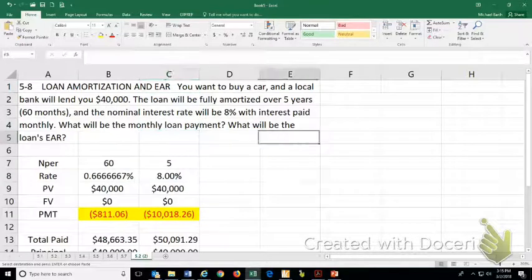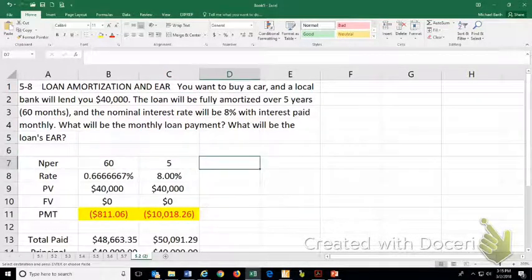Okay, now what they're telling us is that there's also another part of this: what's the equivalent annual rate on this loan? It has a nominal rate of 8%, but if you pay more than once per year, the actual rate is going to be higher than the nominal rate.